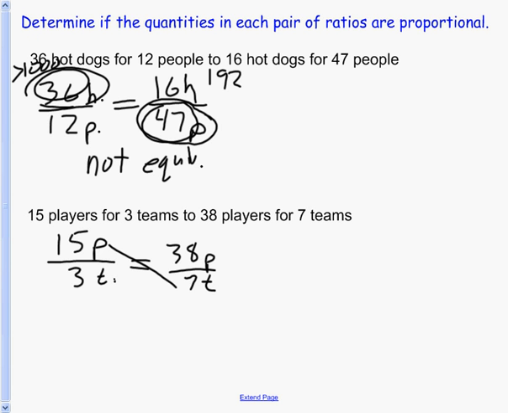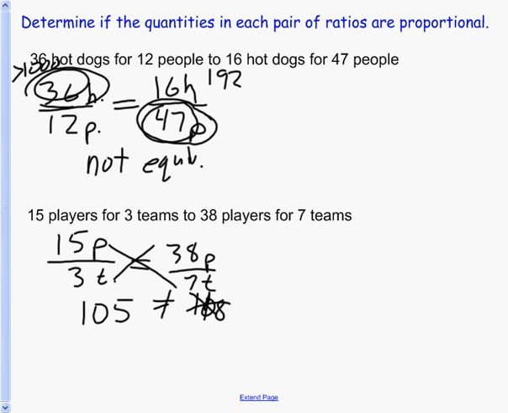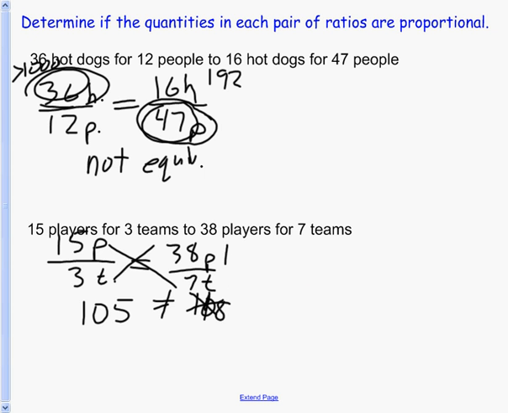Cross multiply. 7 times 15 is going to get us 70 plus 35 will get us 105 on my left, and 3 times 38 is going to get us 90 plus 24, not 108, it's 114. Check that out. 3 times 38 is 114. So 114 is not equal to 105.